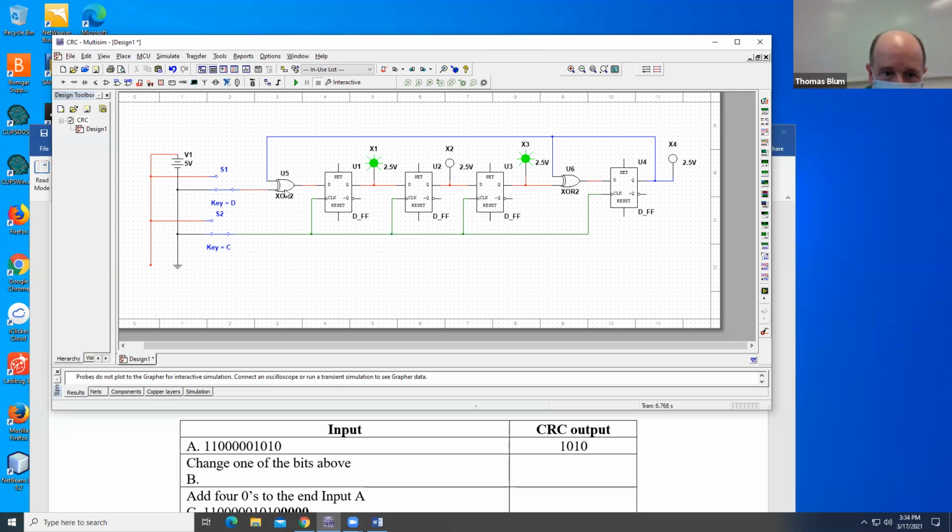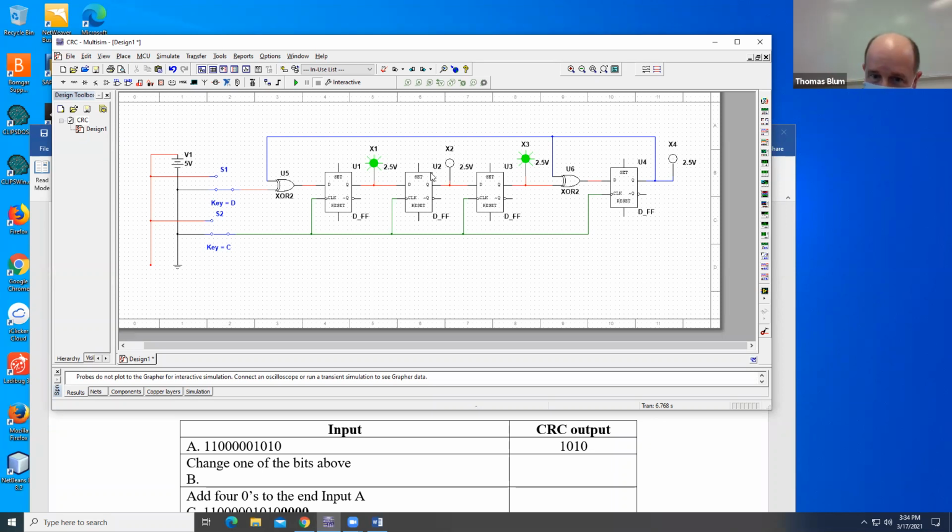I have the excluded OR going into the first flip-flop and going into the last flip-flop, and the Q feeds into the D. The Q is feeding in through the D, but this time through an excluded OR. The other input of the excluded OR is the output that's sort of on its way out of the shift register. I have a probe on the Qs to see my result.